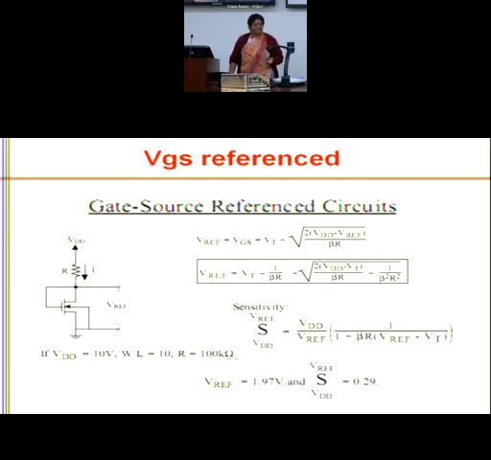Square root of 100 is 10. So when values are changing from 10 to 1000, it's only changing from 1 to 10. But that is fast moving with respect to the log function. So because BJT involves a log function, your Vref is not changing that drastically. Even if VDD is changing drastically, Vref is not changing. So I am getting a better sensitivity in BJT than in the MOSFET.